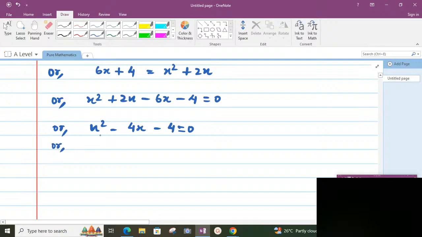And this is in the form of x square minus 4x minus 4. So let's see the next step.